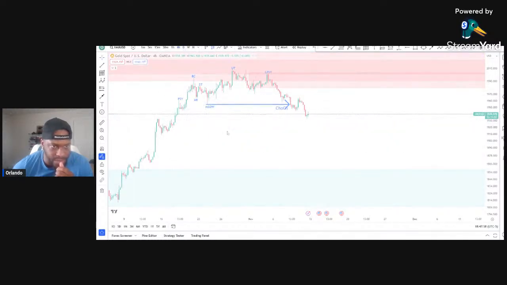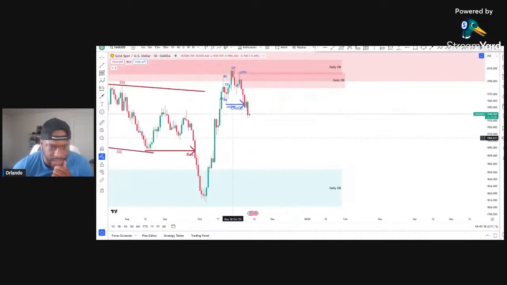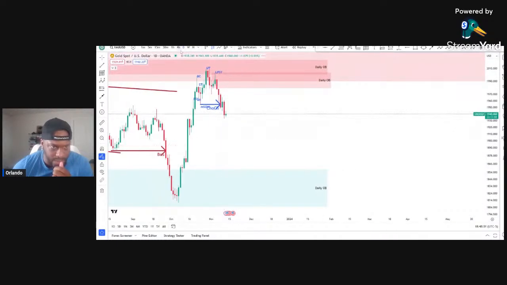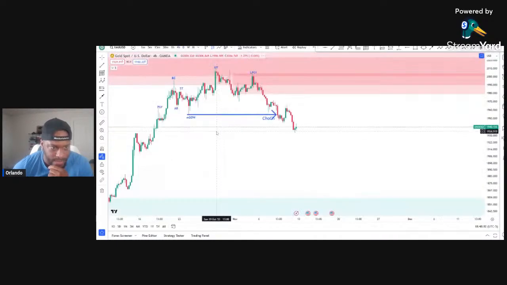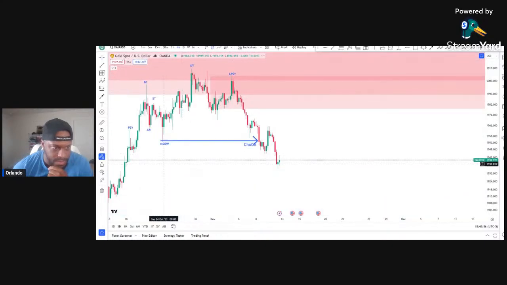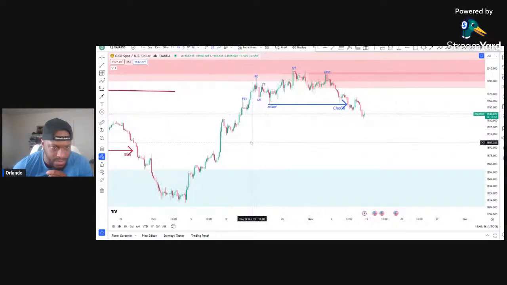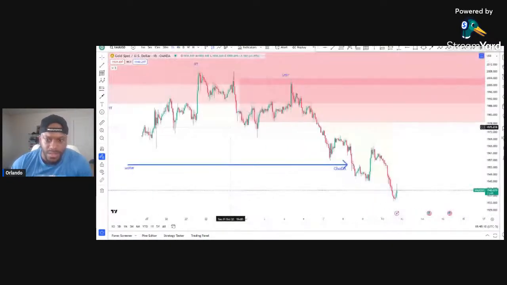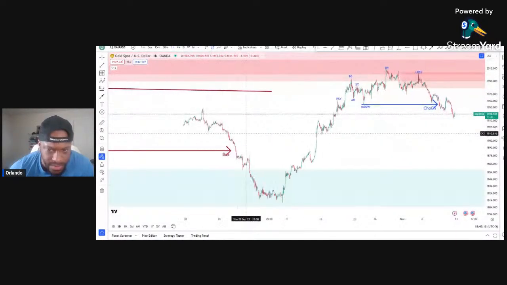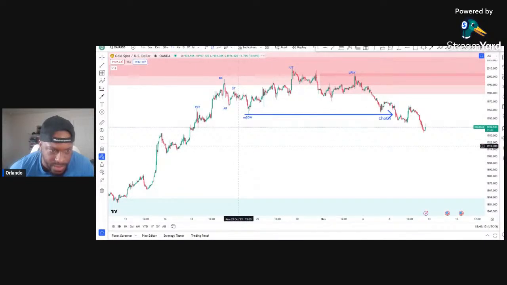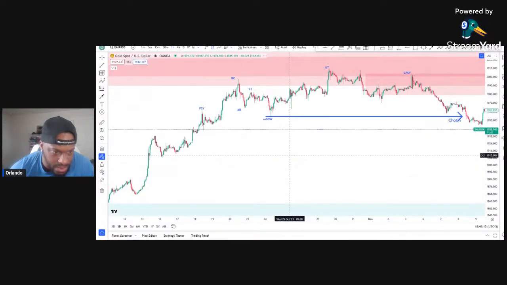Let's see, that led to a break of structure. The accumulation and reaccumulation that led to a break of structure. Let's see if you can see the imbalance on the 4 hour. Because that's what's going to happen. Let's see, an accumulation and reaccumulation that led to a break of structure.